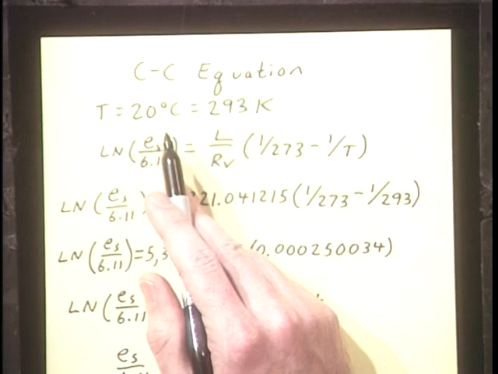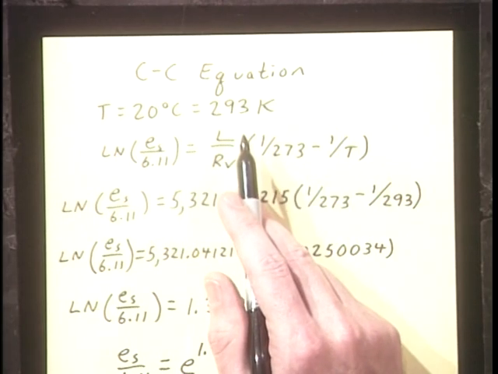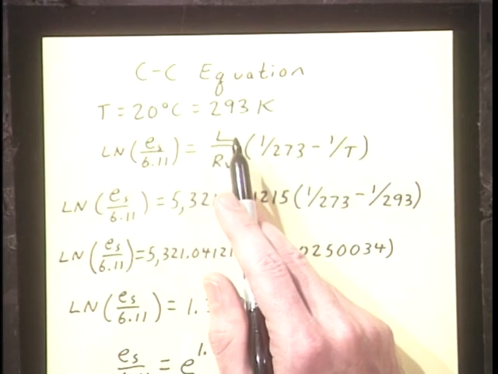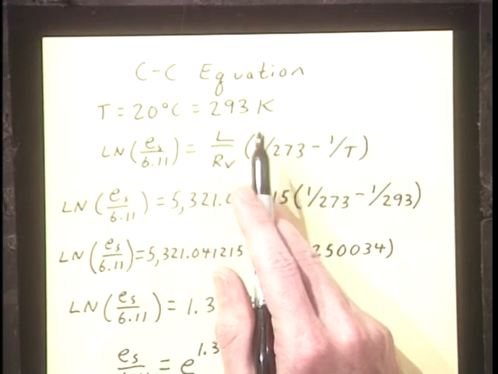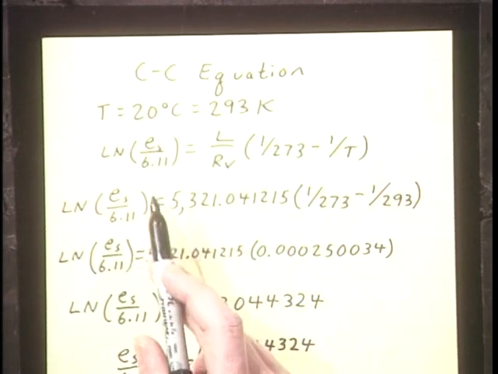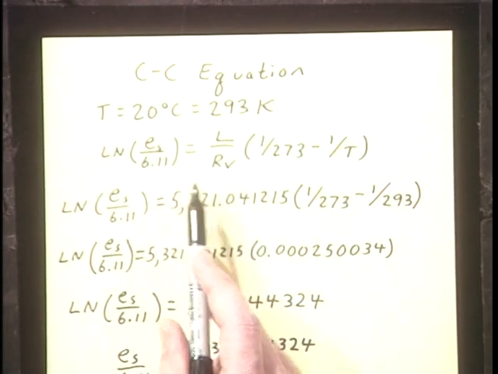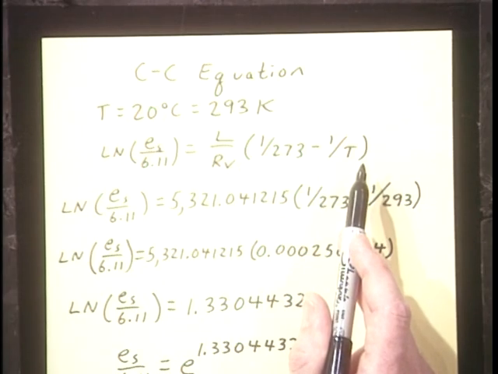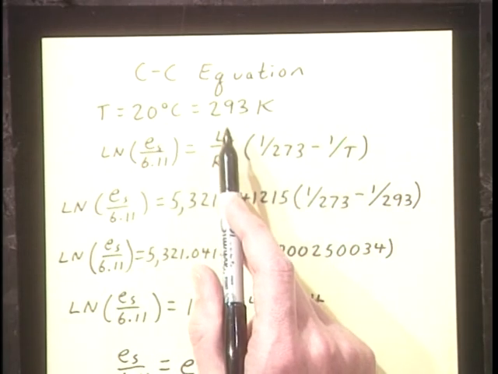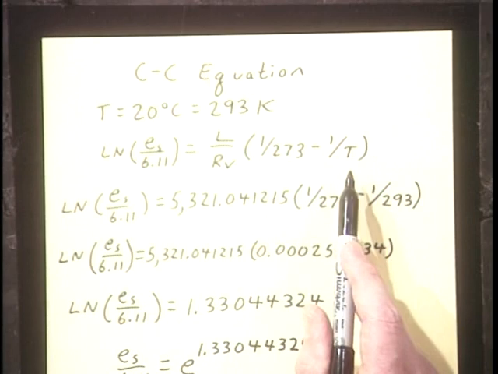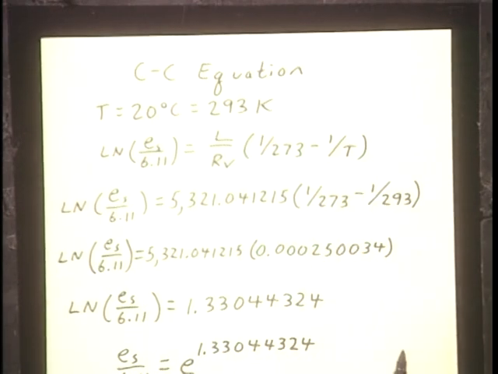Once you have the temperature, it needs to be converted into kelvins. 20 degrees Celsius is 293 Kelvin. And here is the Clausius-Clapeyron equation we looked at on the PowerPoint. What we need to do is plug in the value for temperature, this 293, for T, and solve.